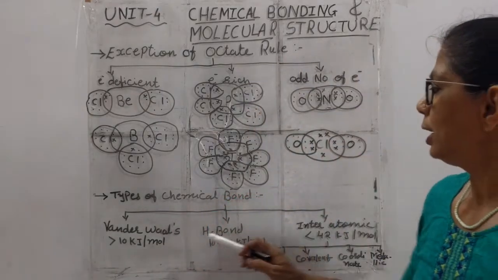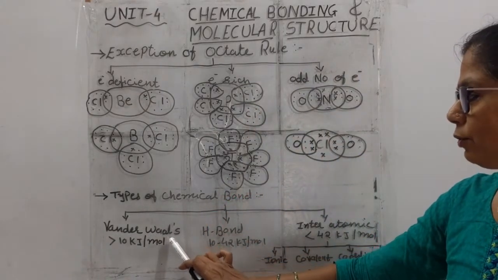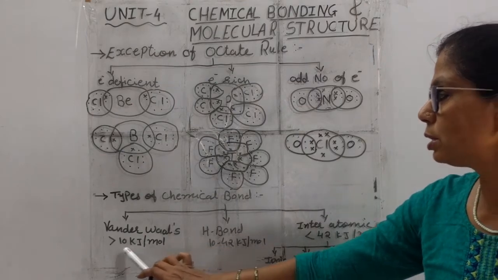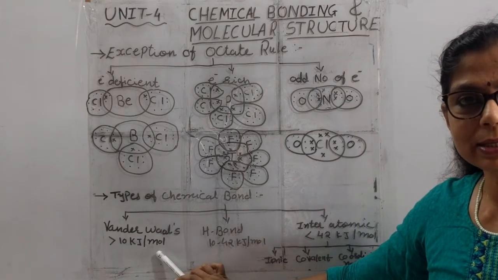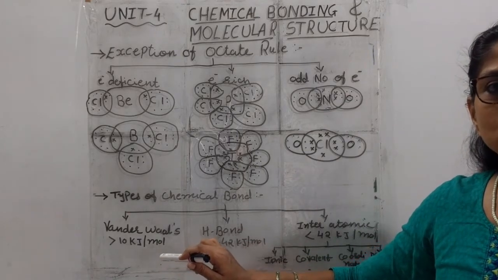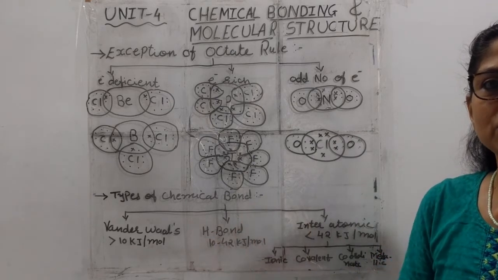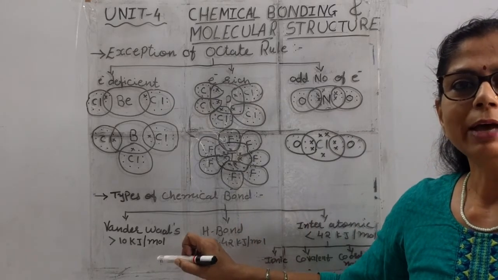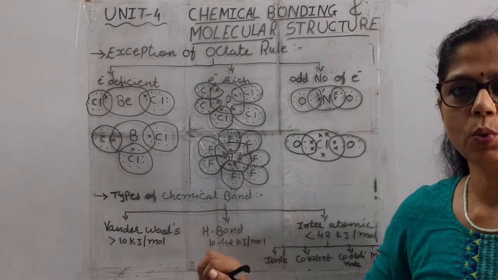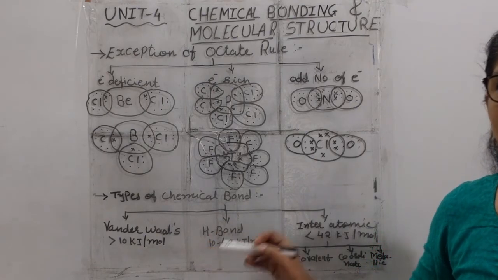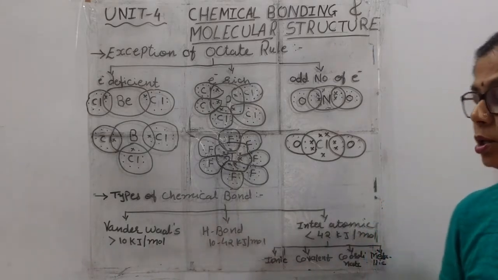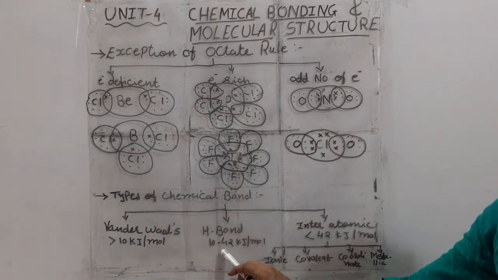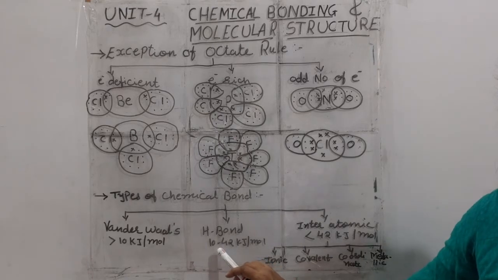First of all, the van der Waals force is a very weak force. That's why, as I said, the energy is below 10 kilojoule per mole, meaning very little energy is required for the formation of these forces. Then the H bond is stronger than the van der Waals force, with energy required of 10 to 42 kilojoule per mole.